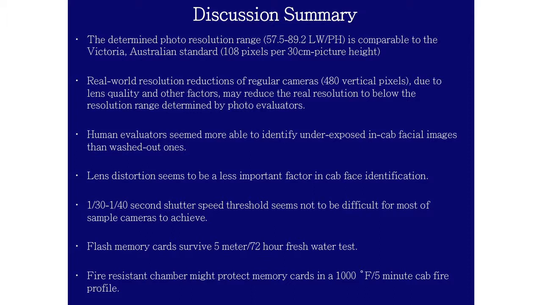Flash cards can survive a 5-meter, 70-hour fresh water test, but we don't know what happened in salty water. The fire-resistant chamber might protect the memory cards in a 1,000 degree Fahrenheit 5-minute fire profile.